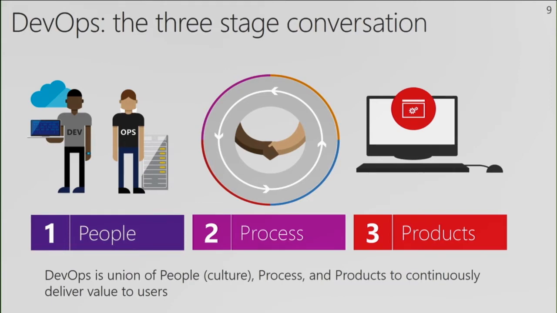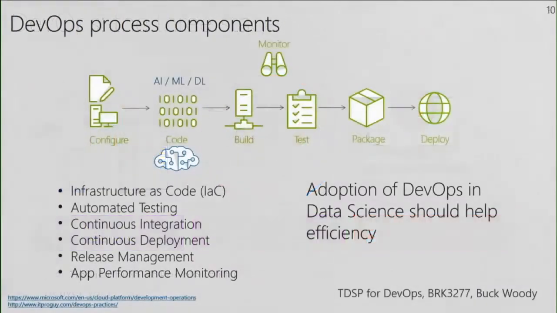It's a combination of the culture and principles of how you break down the barrier between development and operations, and deliver value to the customers in terms of software development often and frequently. And it's also a set of process components that I'm going to go through in more detail in the next slide. And it is a set of tools and products that you can utilize to put the principles and the process components in practice.